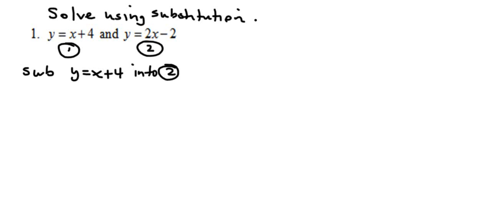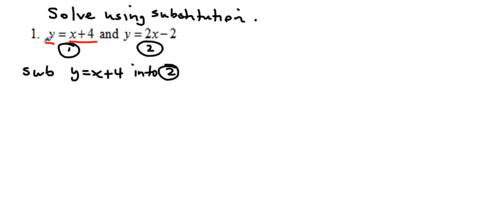So what I want to do now is I want to look at the first equation. When I look at the first equation, I see that y is equal to x plus 4. So this side equals this side, right? So if I wanted to, instead of where the y is in equation 2, I could put an equivalent expression in there because y is equal to x plus 4.